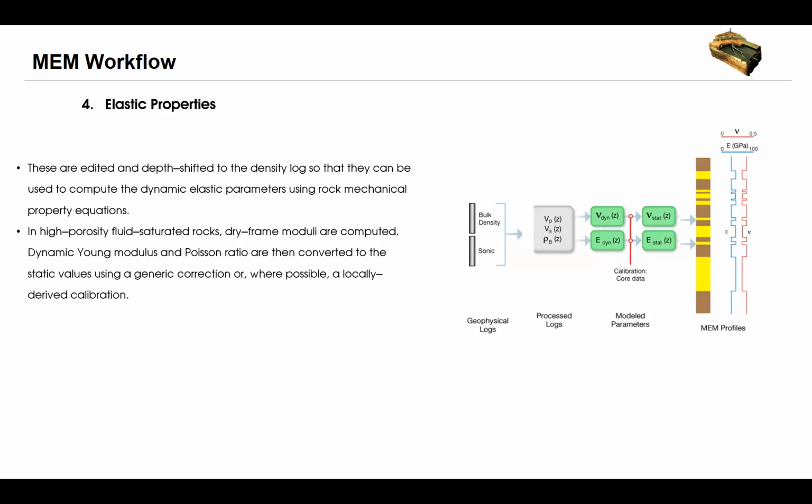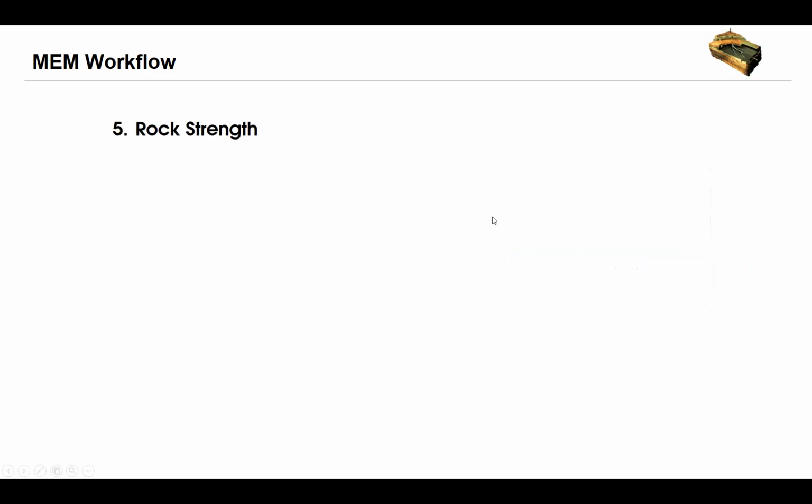But preserving this step-like profile is a reminder that the mechanical earth model is just a model. So the step-like character of these subsequent profiles reflects the influence that mechanical stratigraphy has on the model elastic properties. This is why we have shown these steps.